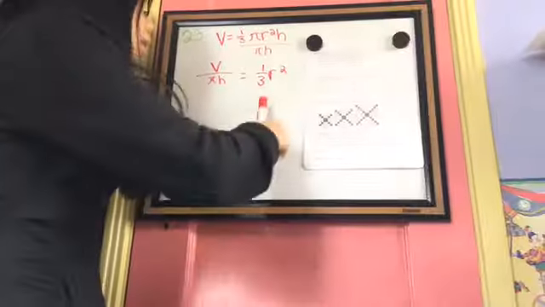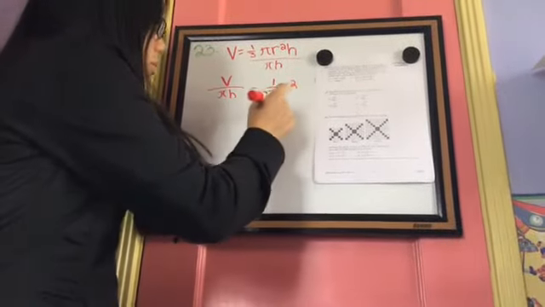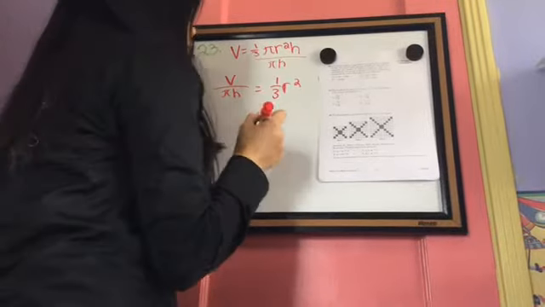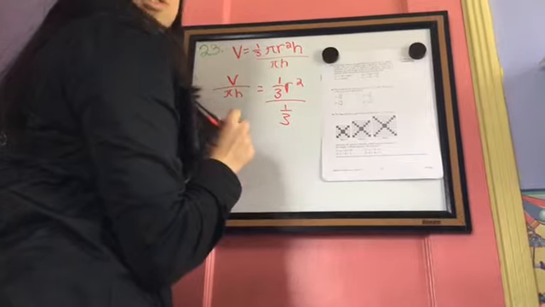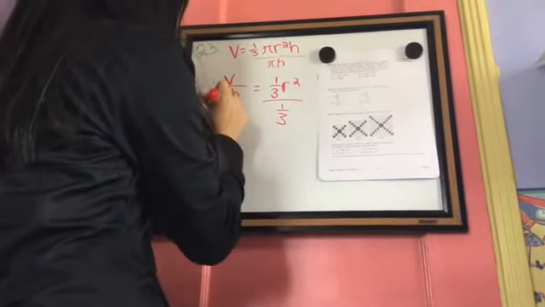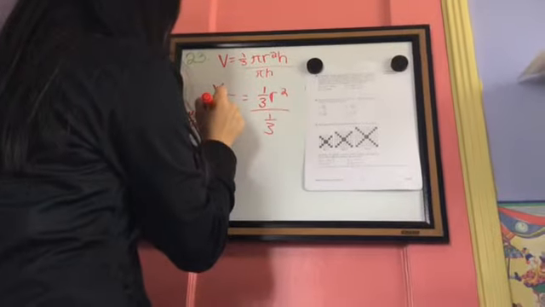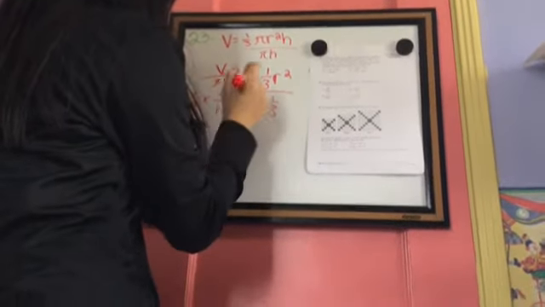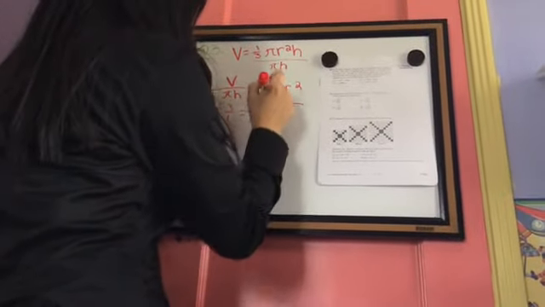So now we have to get R alone. In order to do that, we have to get rid of this 1/3. So dividing by a fraction is actually multiplying by its reciprocal. So V over pi times h times 3 over 1 is equal to 3V over pi times h.